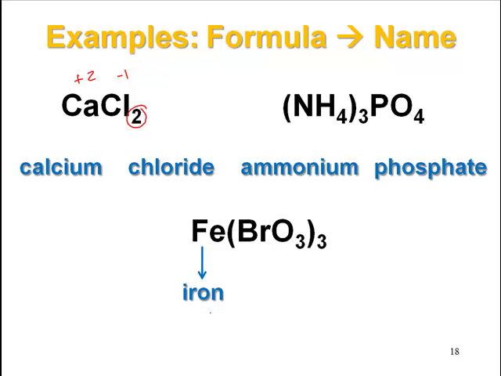Iron is a transition metal, and transition metals and some other elements sometimes have the ability to lose a different amount of electrons. So they have an ability to form different types of ions. The BrO3 is known as the bromate 5 anion.